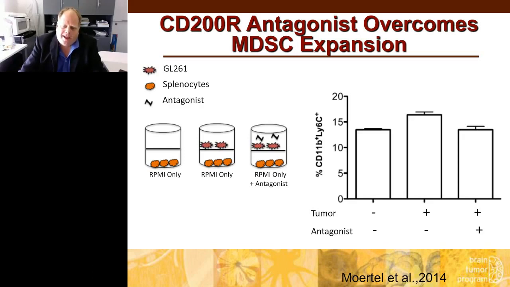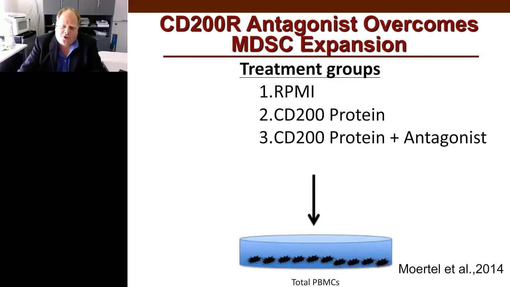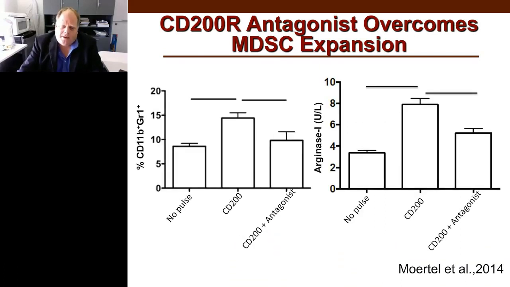And with our antagonist, we get inhibition of this, or we don't get this expansion. And we just went ahead and showed it using known concentrations of the protein, plus or minus the antagonist, on normal naive splenocytes. And you can see here that you can inhibit the expansion of myeloid-derived suppressor cells, as well as arginase production, which leads to immune suppression.